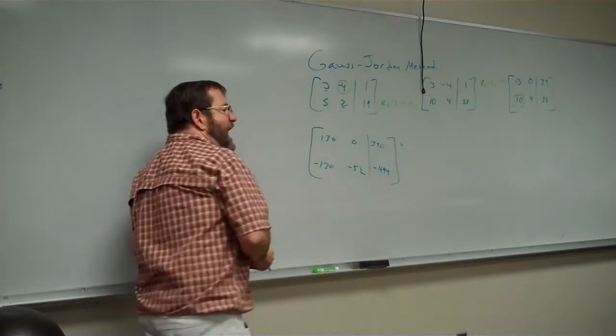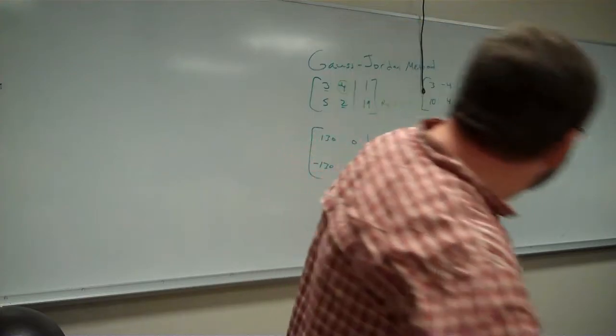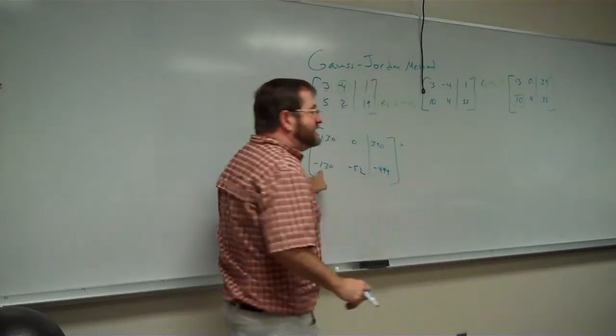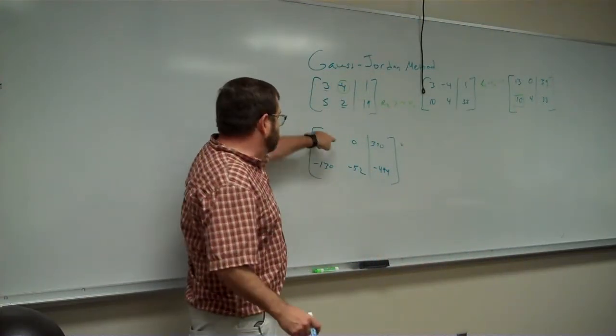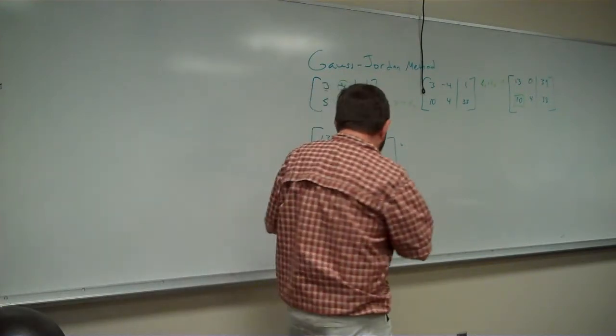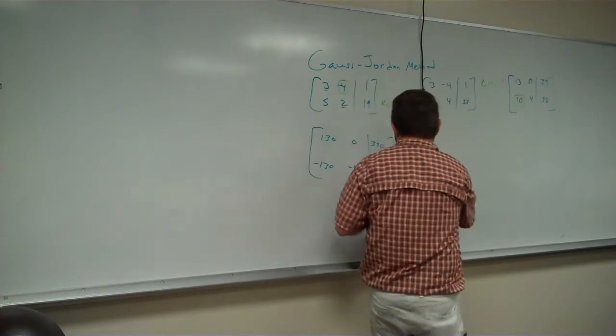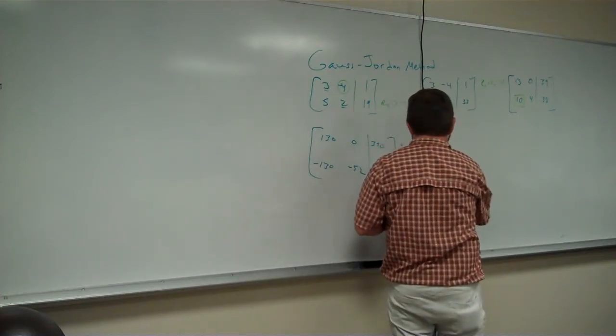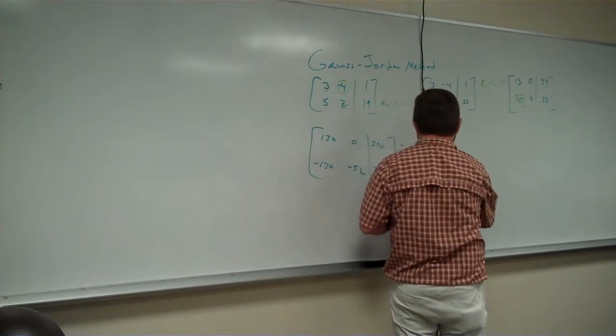See what I did here? Look what I'm going to be able to do. I will now be able to get rid of this guy pretty easily, right? Because we've got a 130 here and a negative 130 here. It will be pretty easy to say row 1 plus row 2 becomes the new row 2.